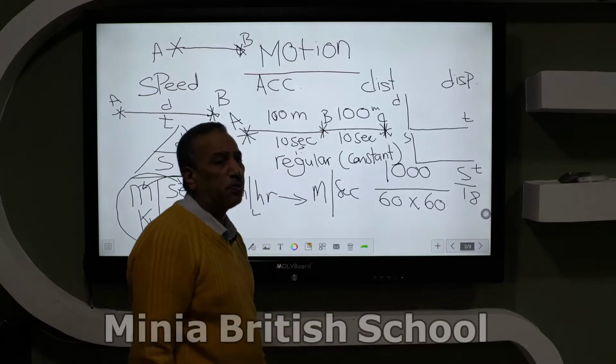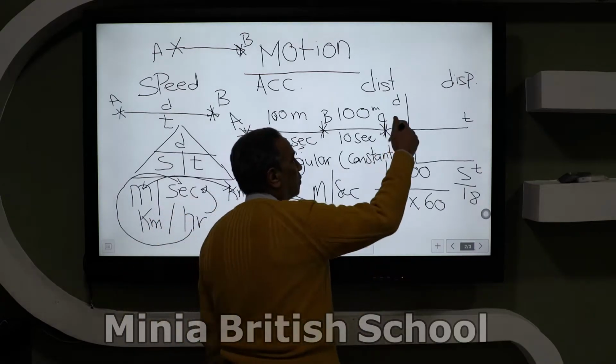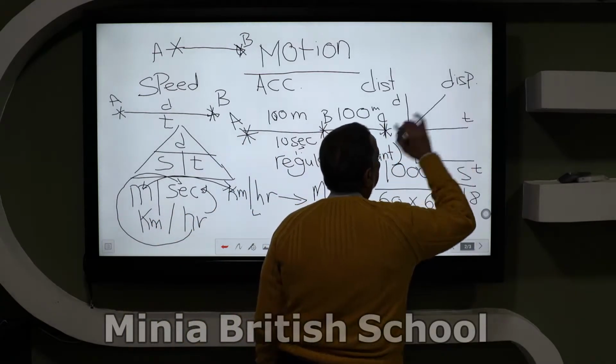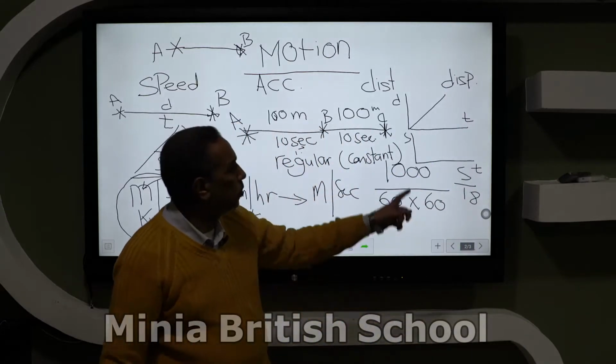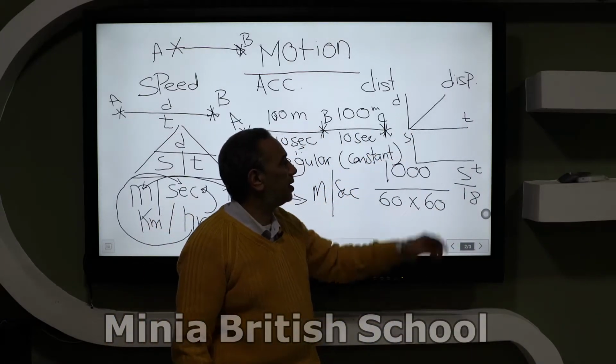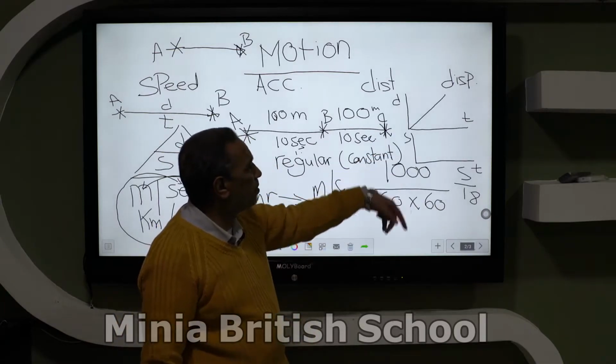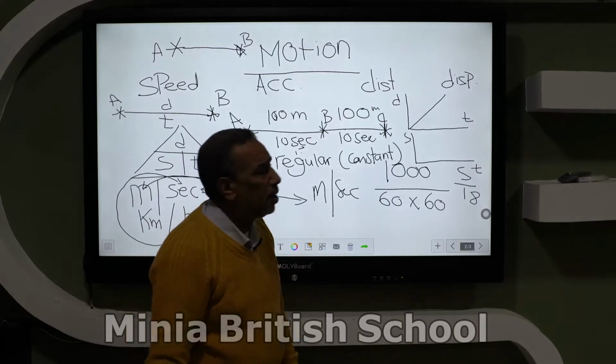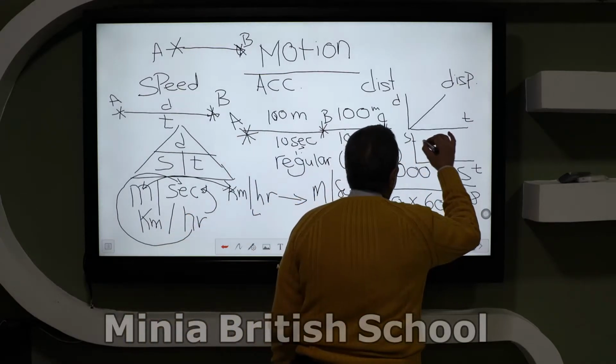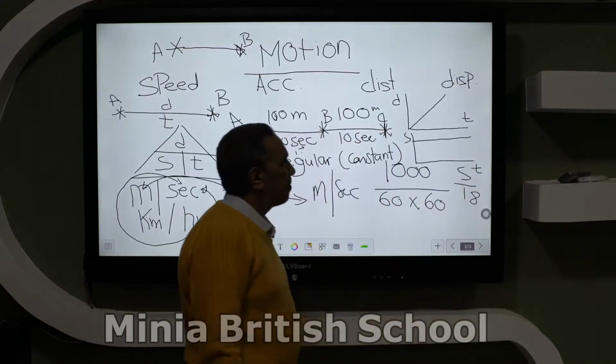If it is a regular speed, for distance per unit of time, you will find a straight line that passes through the intersection point between the vertical and horizontal axes. If it is the relation between speed and time, it will be a straight line parallel to the time axis.